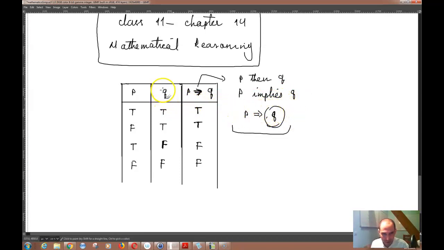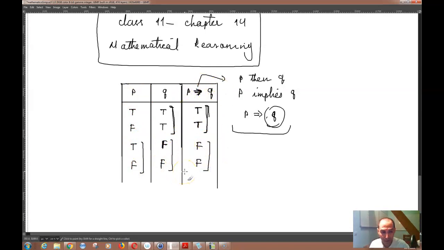So if your Q, which I would call your condition, is true, which is these two cases, it doesn't matter whether this statement P is true or false, P then Q is going to be true in both cases. And if your condition is false, then P then Q is going to be false.